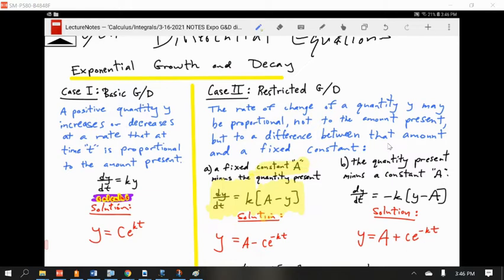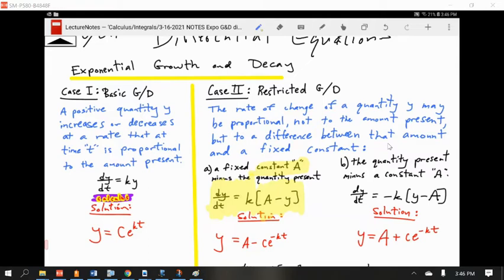And it turns out with this situation, there are two situations. So case 2 has two parts, A and B. Notice in part B, the proportionality constant is negative. And you might think, well, how come we didn't have that in part A? Well, we could have had that in part A. It's just when you solve the differential equation in part A, it's the same solution. You just get a negative k.